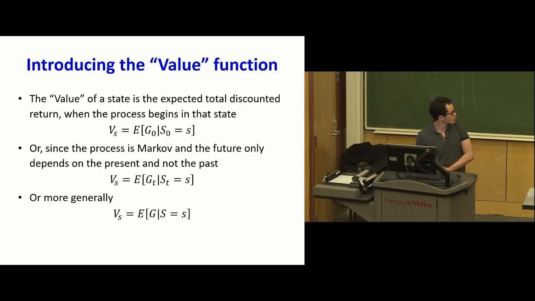You can note that it actually doesn't depend on what time step you start counting from, again because of the Markov property. So you can assume it's at time step 0 that you're defining that, or you can just call it the expectation of G conditioned on S, and everyone's going to understand.